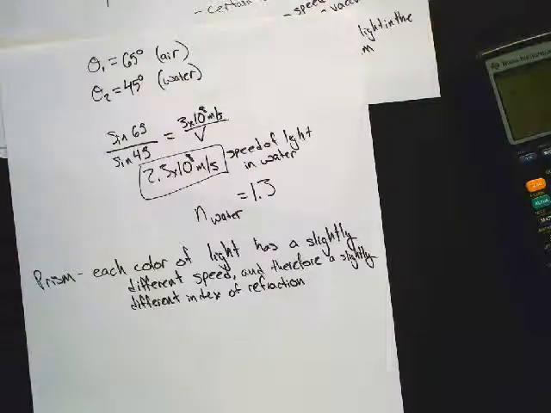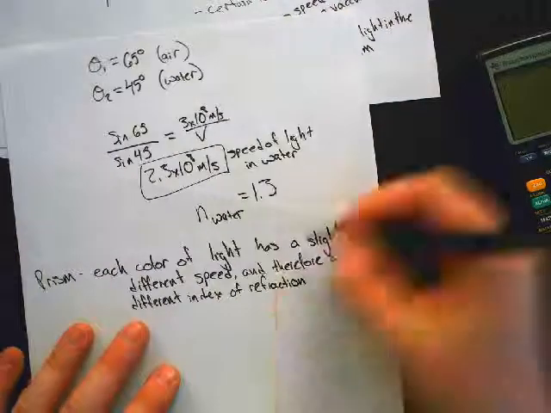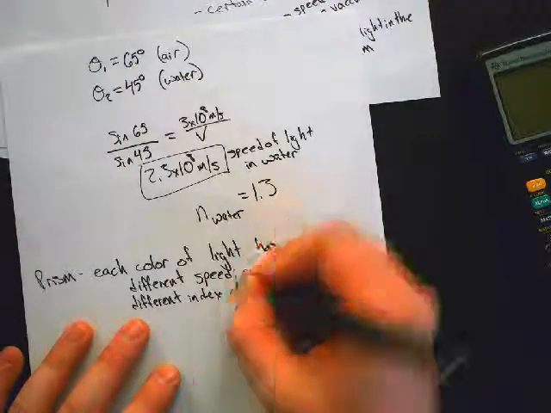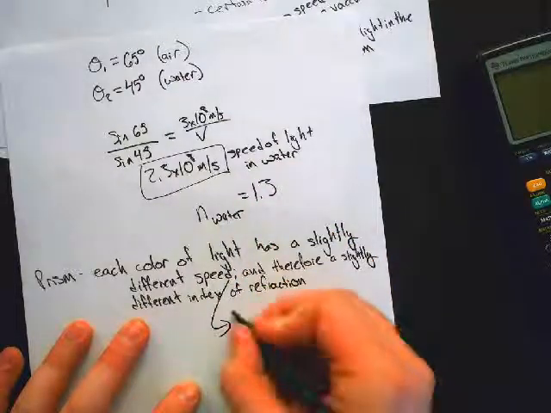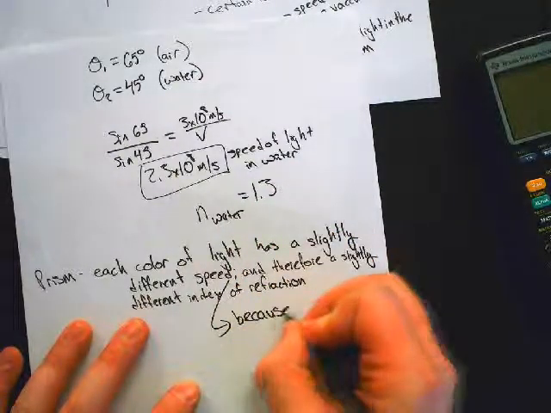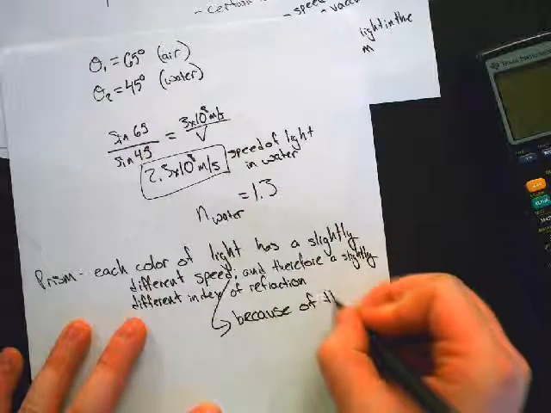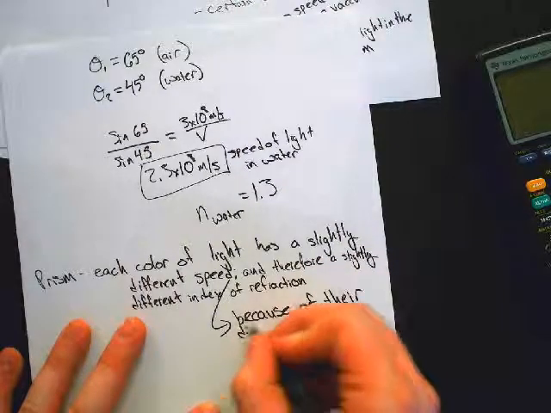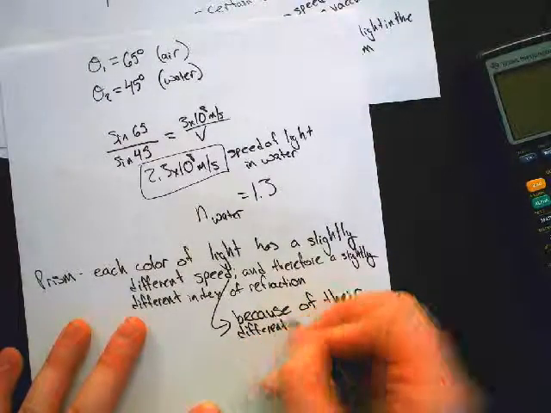In a vacuum, same speed. When entering the new medium, they have different energies. That different energy causes them to change their speeds at different rates. I can just put an annotation here because of their different amounts of energy.